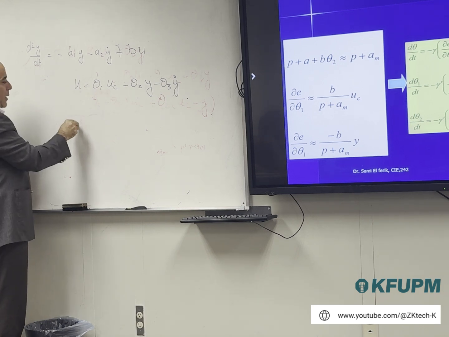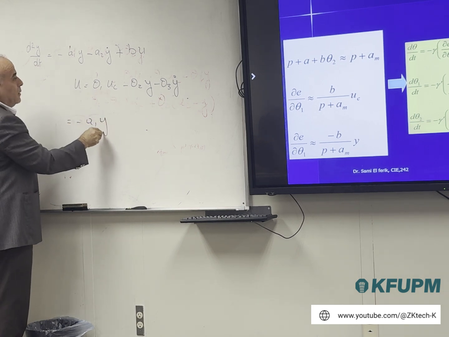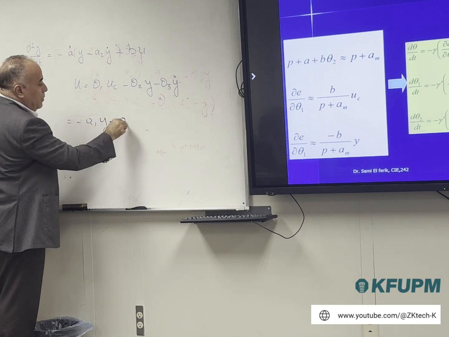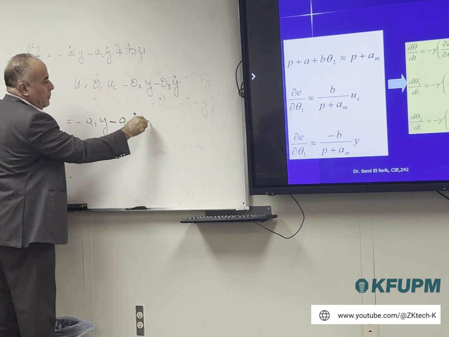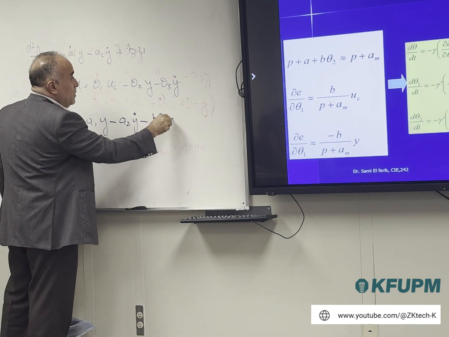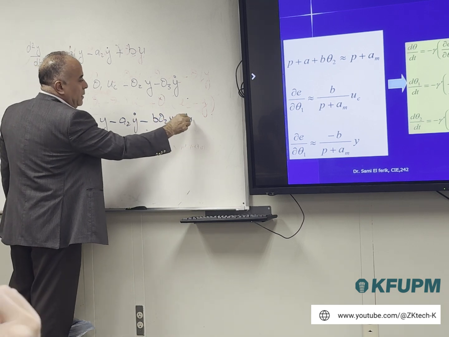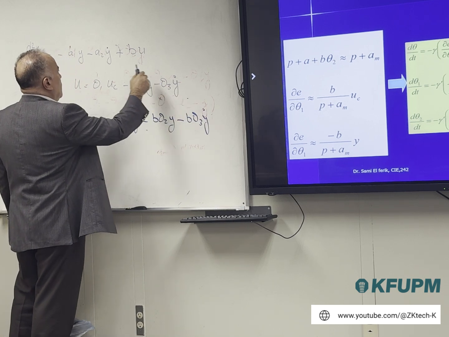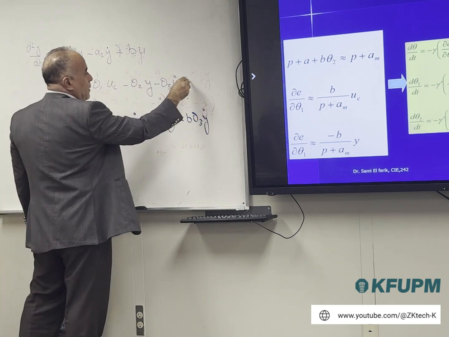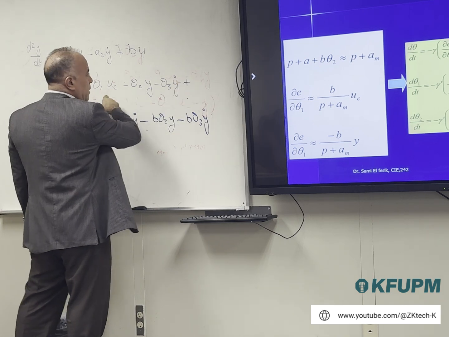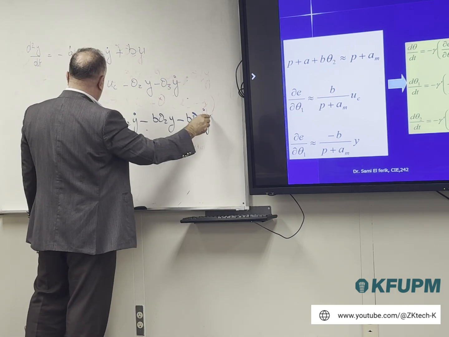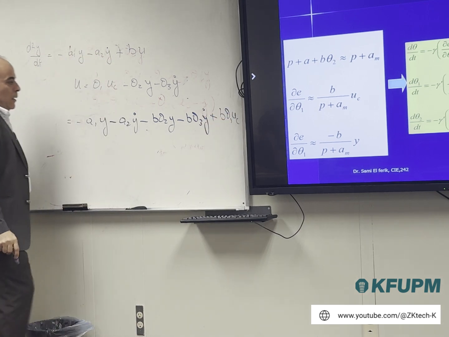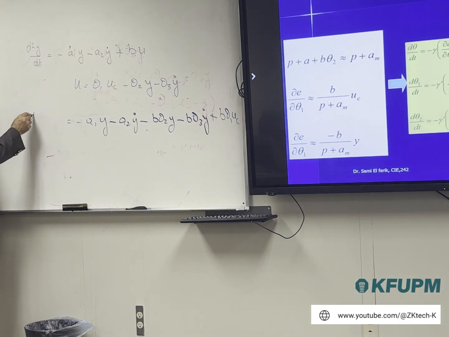It will be equal to minus a1 times y minus a2 multiplied by y prime minus b theta 2 times y minus b theta 3 multiplied by y prime. And then we have UC, plus b theta 1 UC. And this is your second order system.